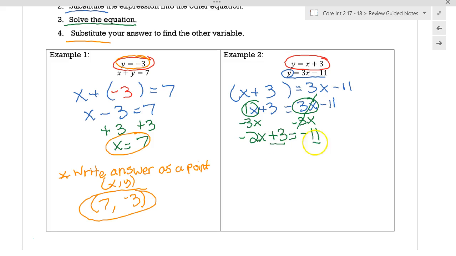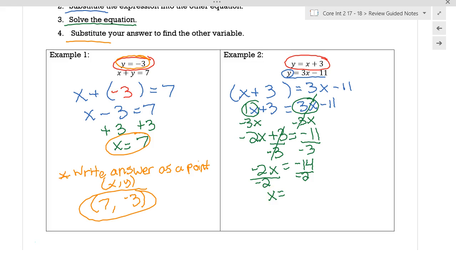Then I have plus 3 and minus 11. I'm going to subtract 3 from both sides. Negative 2x, and those cancel out, equals negative 11 minus 3, which is negative 14. My last step to solve for x is divide by negative 2.